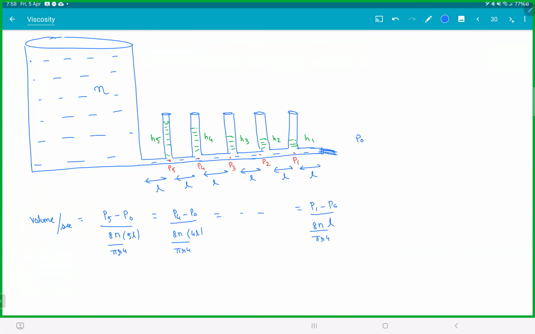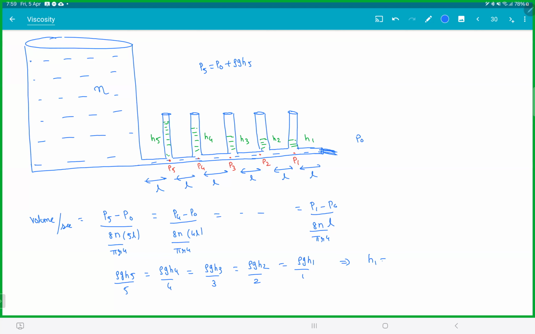So then what is P5? P5 is nothing but P naught plus rho g H5, because that liquid in that vertical tube is still at rest. So all the denominators will cancel. We get rho g H5 by 5, rho g H4 by 4, rho g H3 by 3, rho g H2 by 2, rho g H1 by 1.